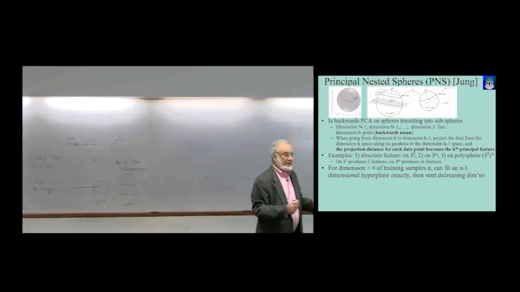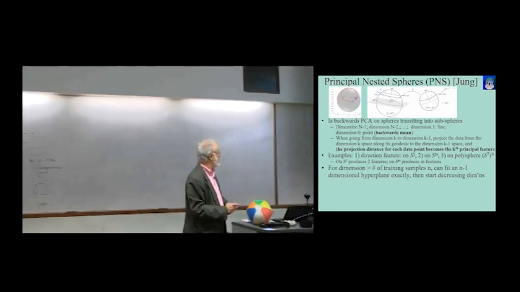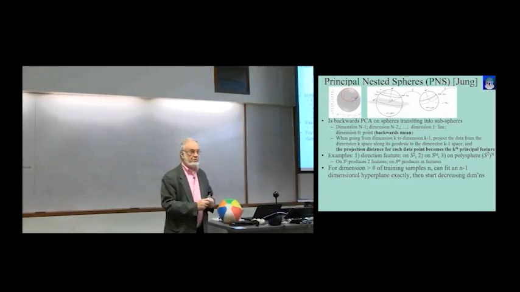Whatever the dimension of the sphere is, we say we're going to do PNS. We're going to take the data on that sphere and successively lower that dimension to successively lower dimensional spheres, each time projecting and getting out one feature.